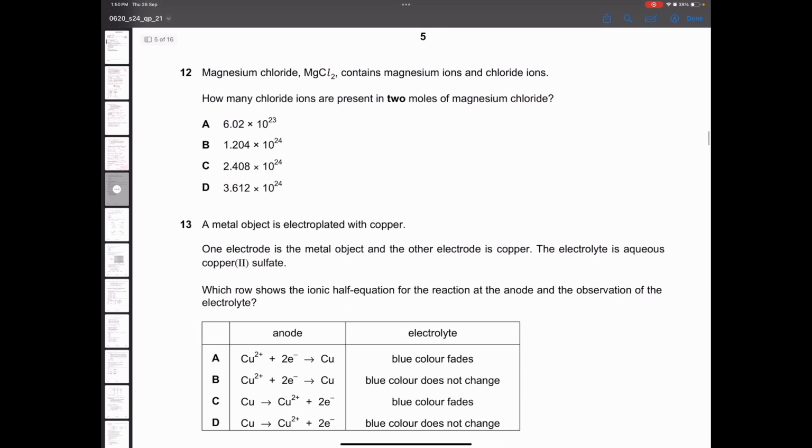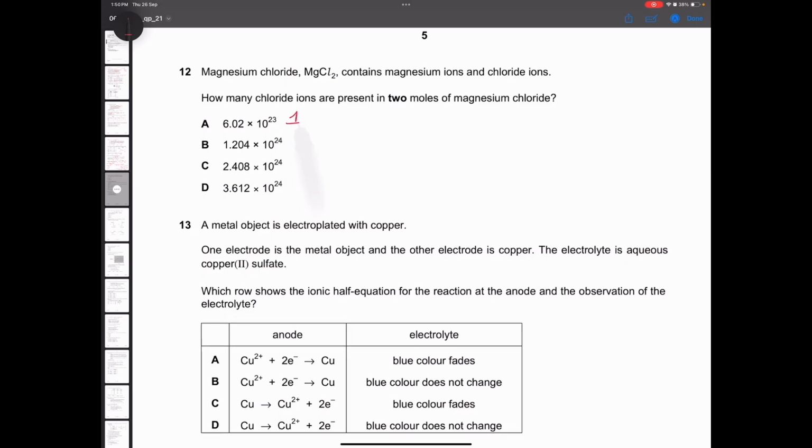Next, magnesium chloride contains magnesium ions and chloride ions. All right. How many chloride ions are present in 2 moles of magnesium chloride? So for this, I have a very simple method for all of you. What you need to remember is that 1 mole contains 6.022 times 10 to the power 23 molecules.